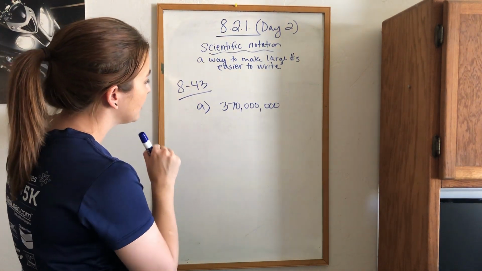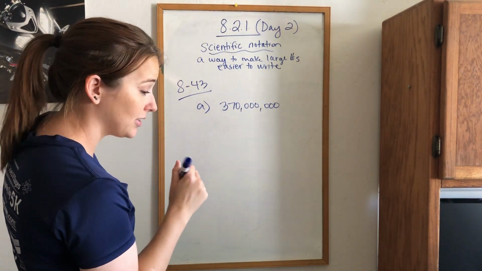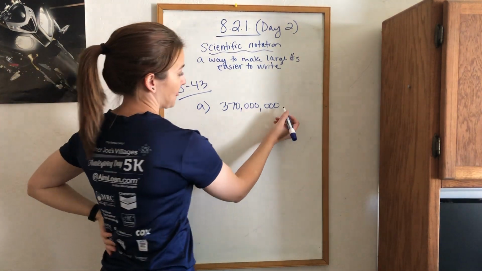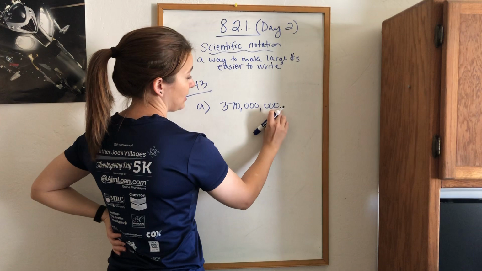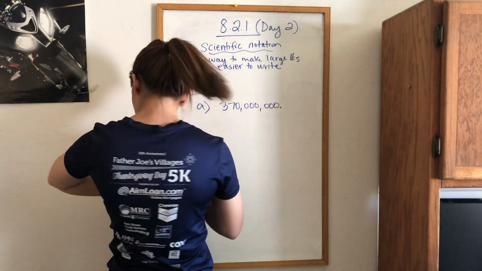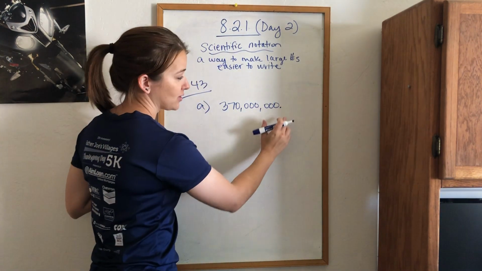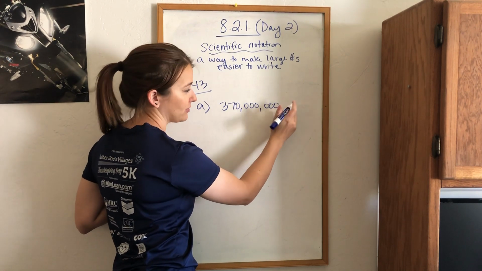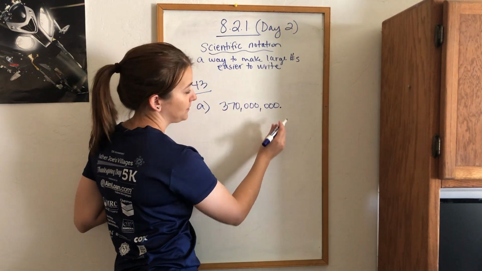I have 370 million. Here's how I do my scientific notation. I put the invisible decimal point at the very end, because every whole number has an invisible decimal point at the very end where you can add zeros forever.